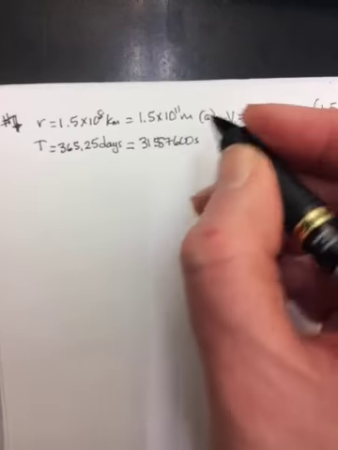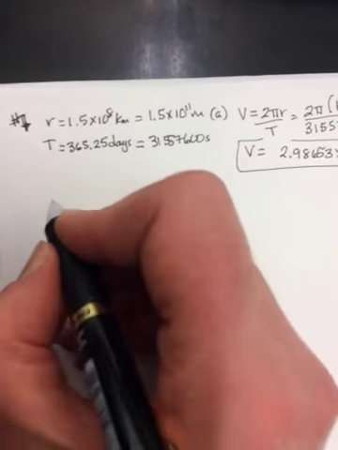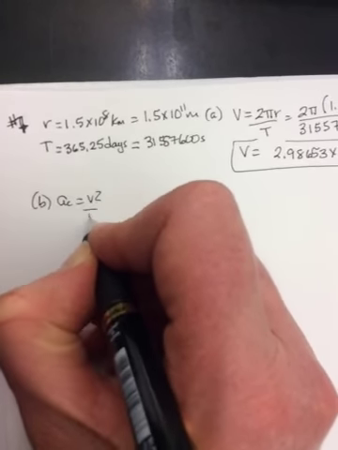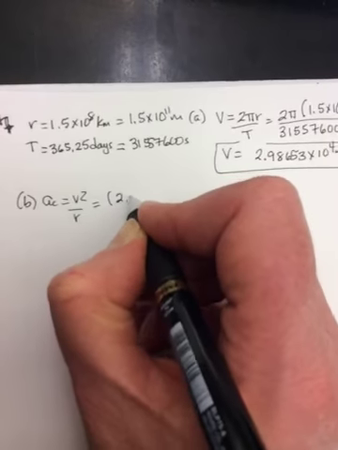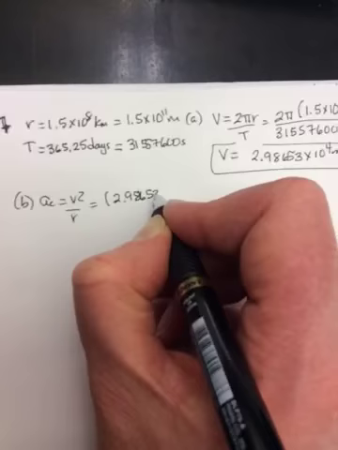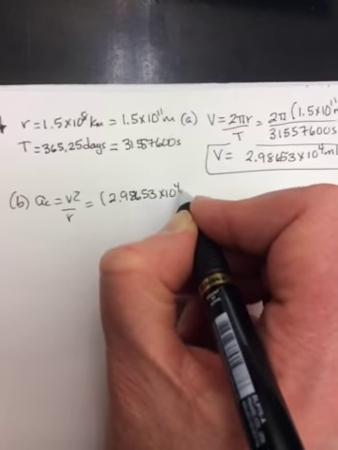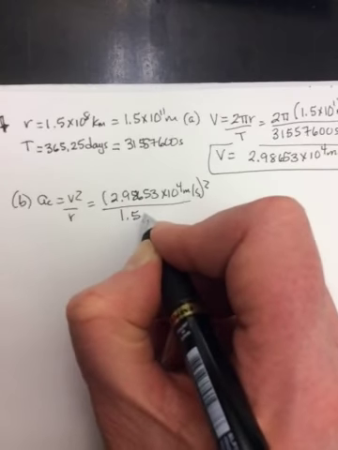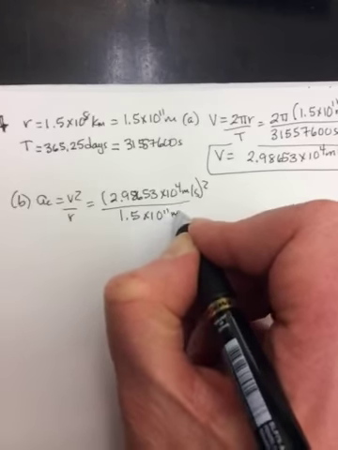Part B then says, what is the magnitude of the centripetal acceleration? So a_c is equal to v squared over r. So that's 2.98653 times 10 to the 4th meters per second, squared, over the 1.5 times 10 to the 11th meters.